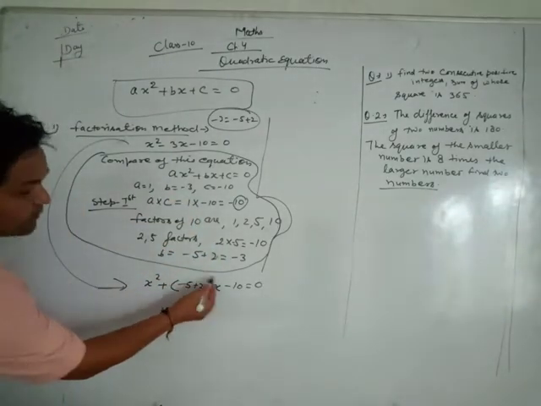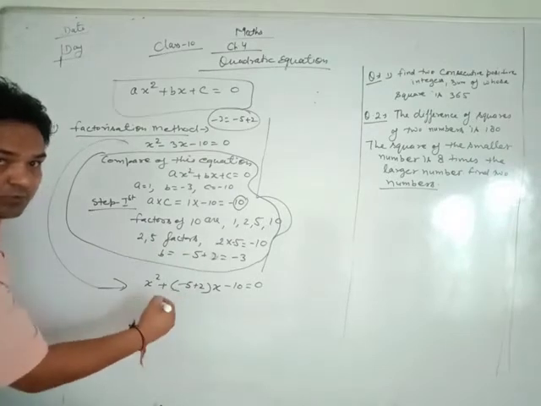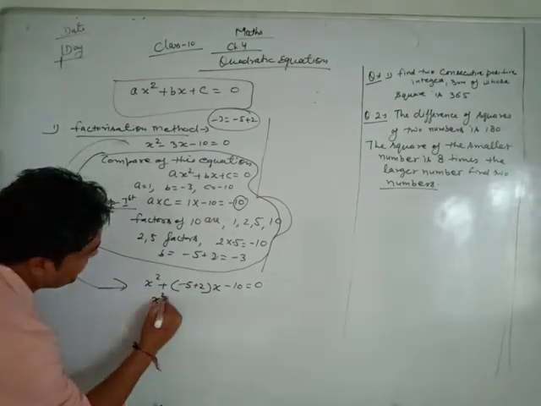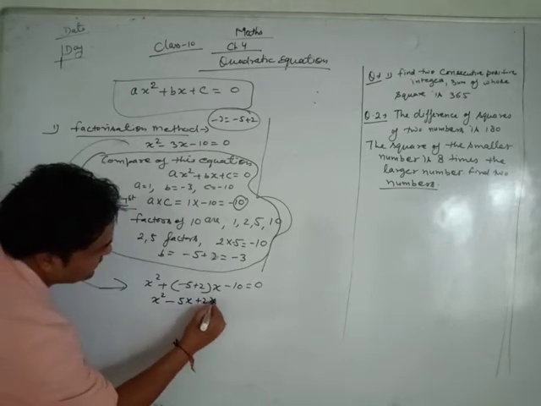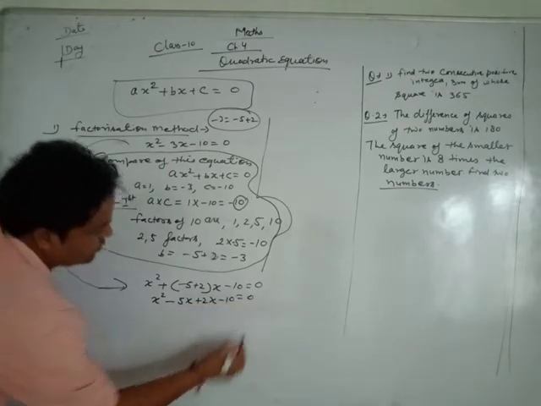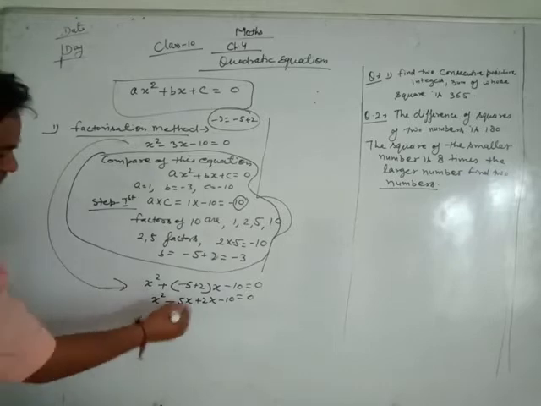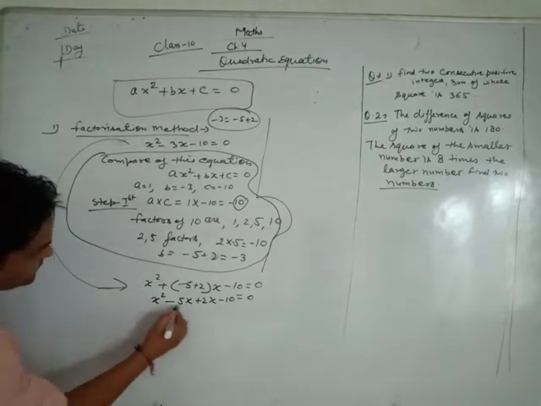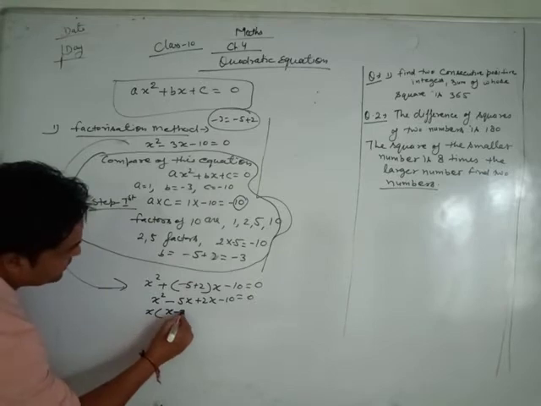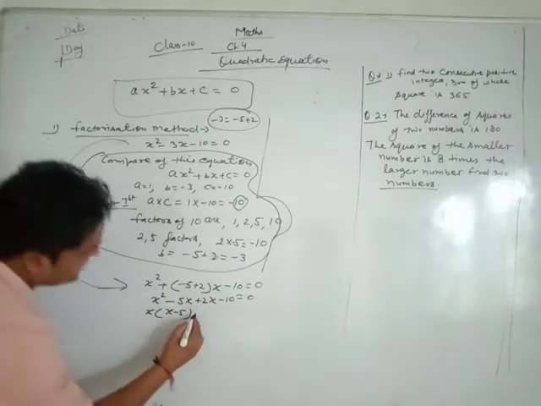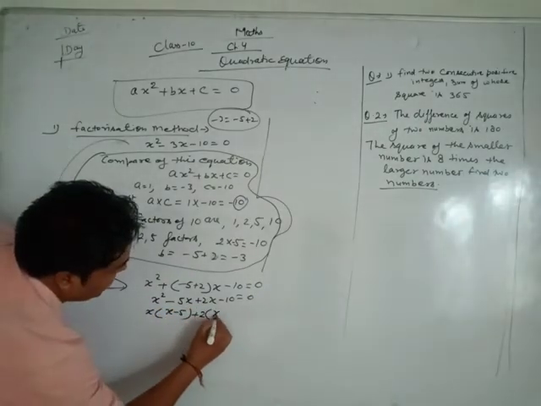Now we open the bracket: x square minus 5x plus 2x minus 10 equal to 0, and again take common. x is common here, x minus 5, and here 2 is common, x minus 5.